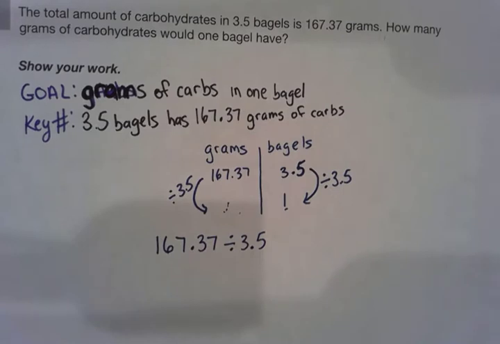But Mr. Morales, that problem is hard for me. I don't really know how many times 3.5 goes into 167.37. Well, like we did with our problem earlier, let's manipulate these numbers to get numbers that we do know how to divide by.